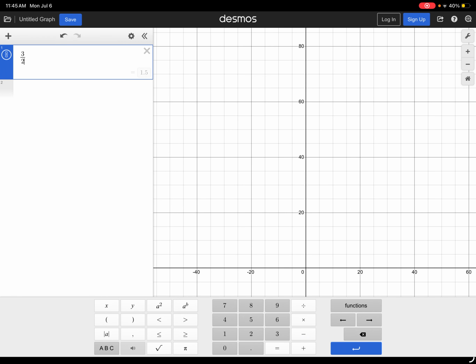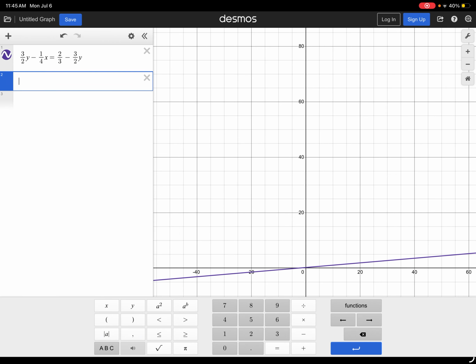Let's type this in real quick. 3/2 y minus 1/4 x is equal to 2/3 minus 3/2 y. Cool, so that's our first equation.